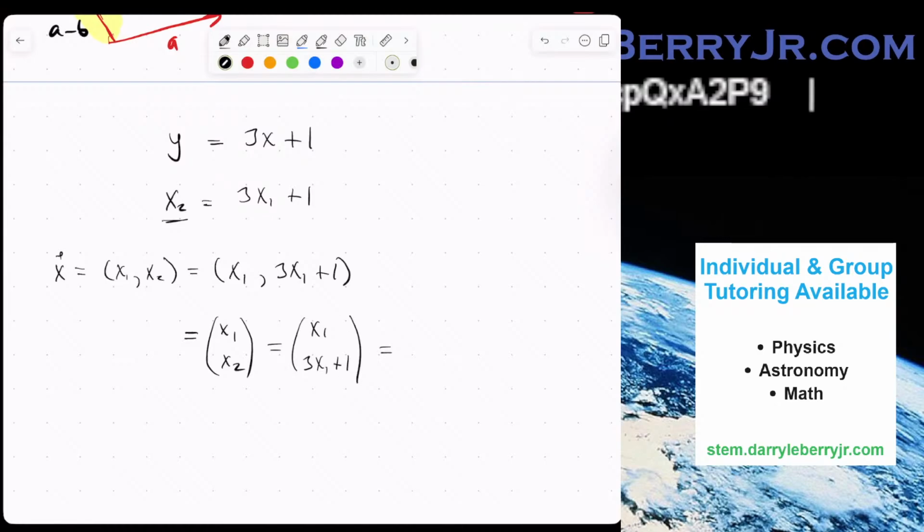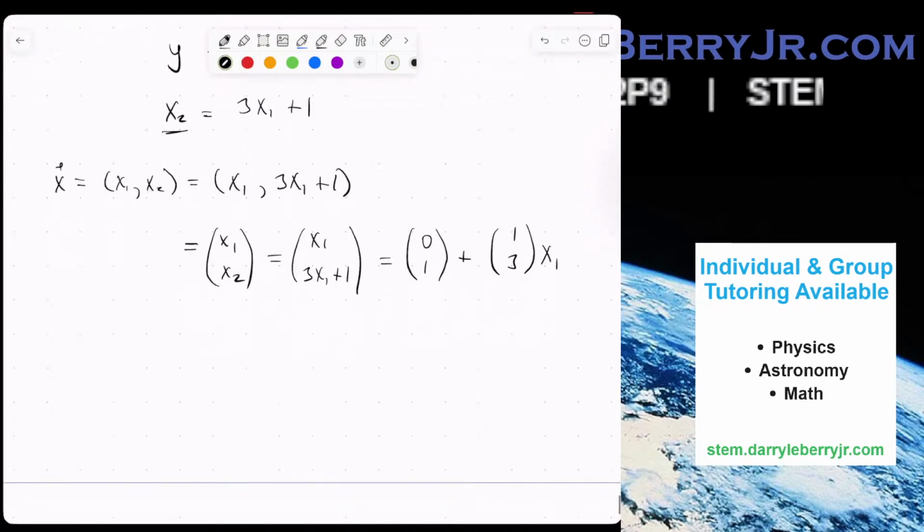So that's going to equal 0, 1 plus 1, 3x1.